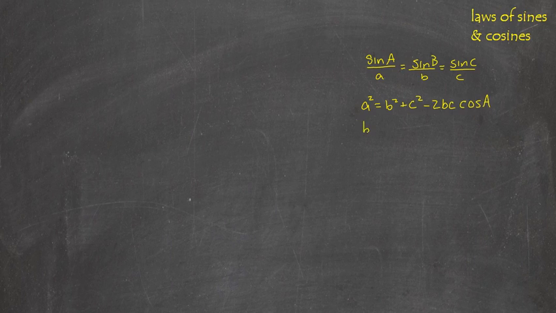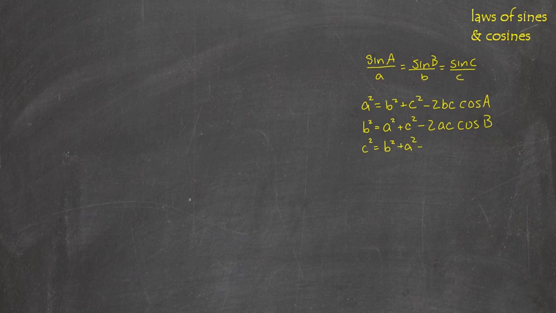The second would be if I'm looking for b squared, then I would take the sum of the squares of the sides I know, presumably a squared plus c squared, and subtract 2 times each of those sides, times the cosine of the angle opposite the side I'm looking for. And so c squared, my third version of the law of cosines, is b squared plus a squared.